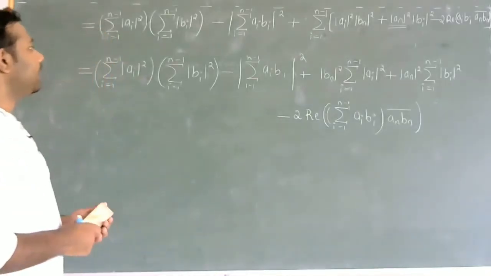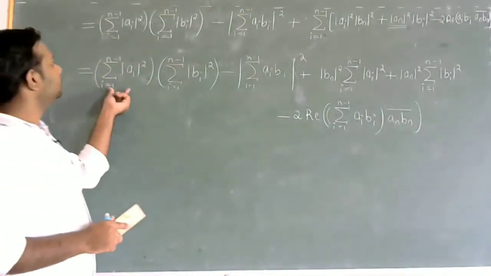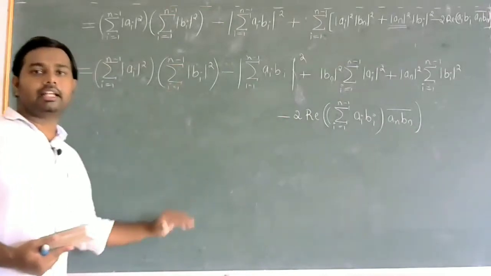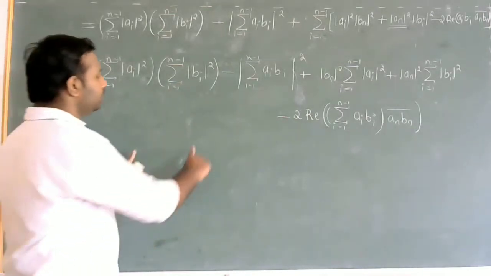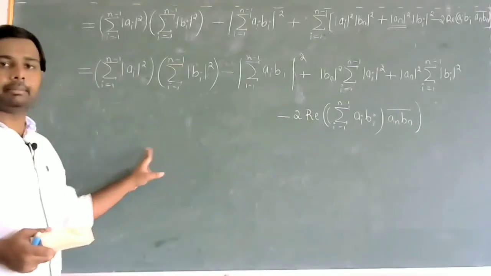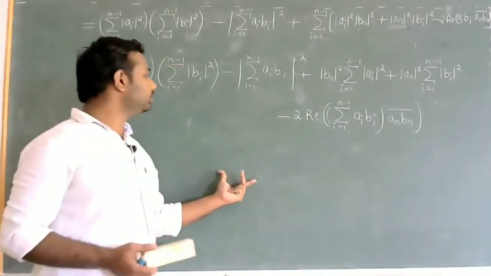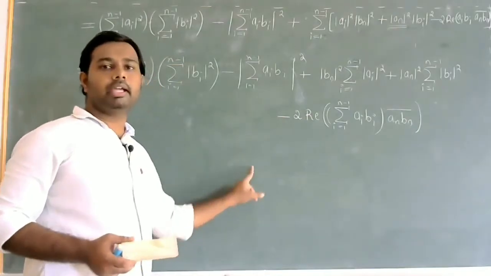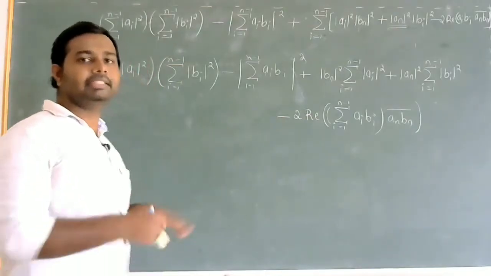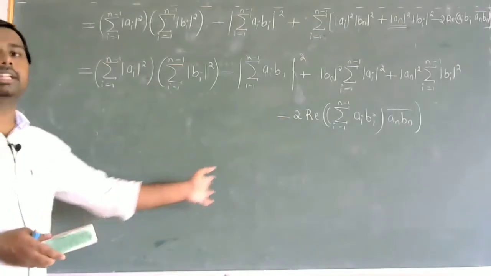Okay, so now what I have to get in the right hand side is summation modulus of ai whole square, i running from 1 to n, into summation modulus of bi whole square, i running from 1 to n. That means I have to get the desired terms in the right hand side.